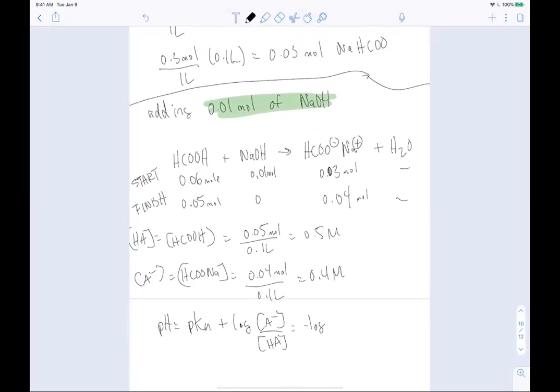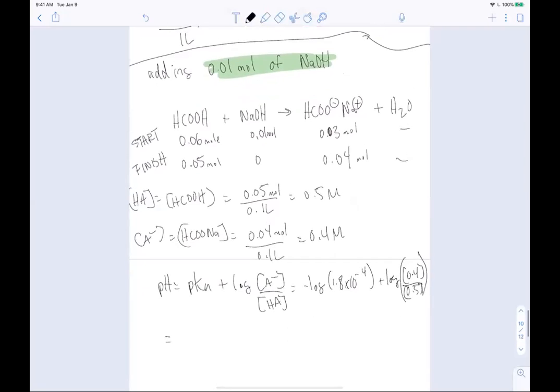That's going to be negative log of whatever the K value was that was given to us, which is 1.8 times 10 to the minus 4, plus the log of 0.4 divided by 0.5. So we end up with pH equal to 3.64.